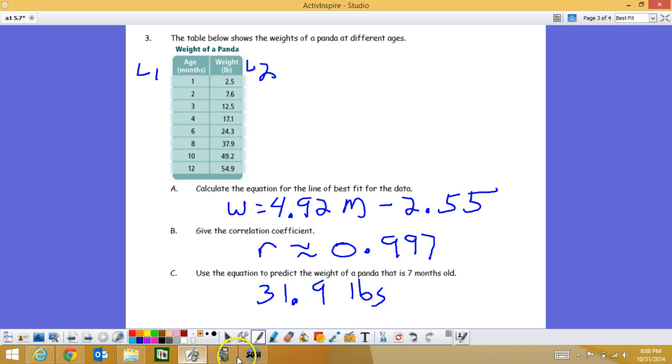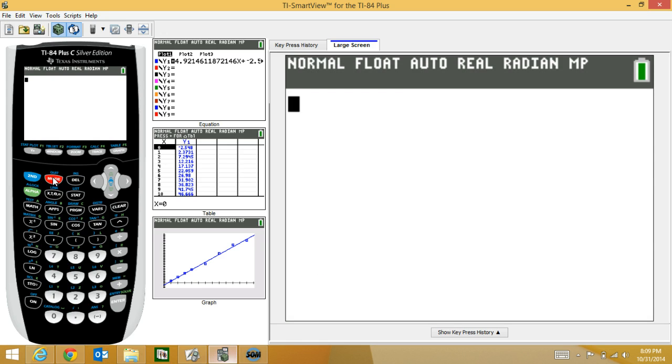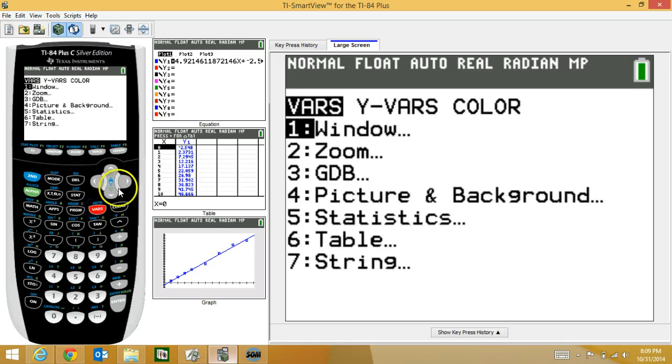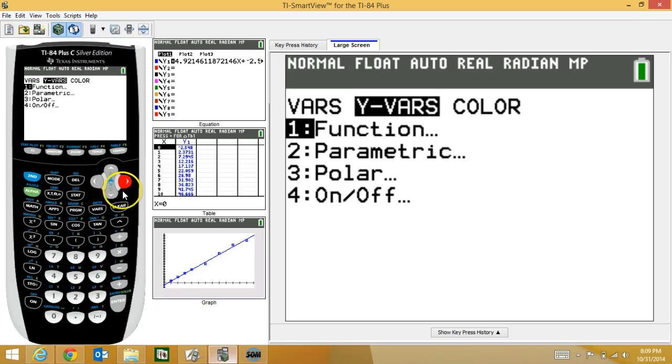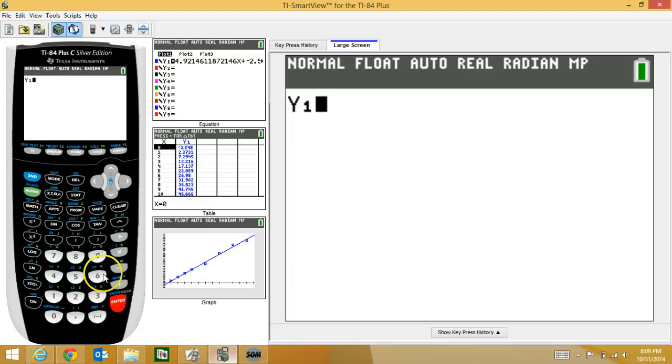Now, the second method you could use to find that is to go to the home screen by hitting 2nd, Quit, and now calling back Y1 by going to Vars, right arrow to Y-Vars, Enter on Function, and Enter on Y1, and then in parentheses we're going to put the number of months, which is 7.